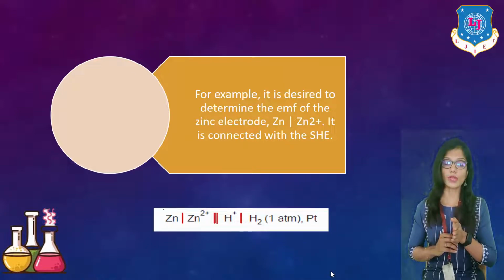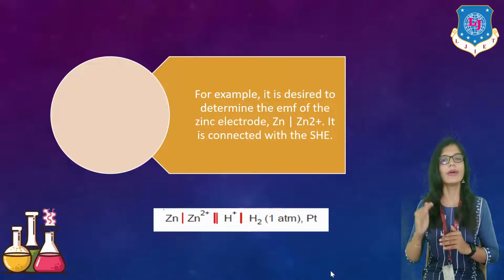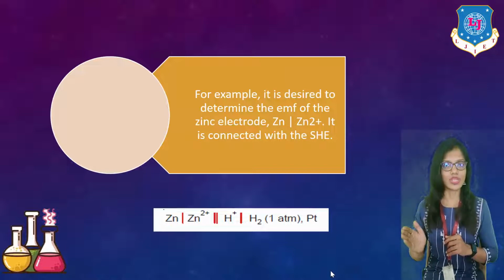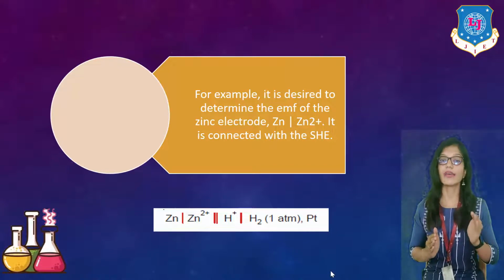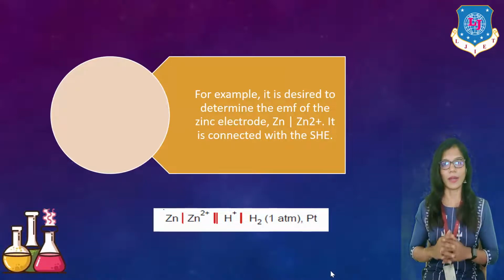H+ in contact with H2 gas at 1 atm pressure, and a platinum electrode. So the Zn and Zn2+ compartment is in contact with our SHE. The right side has the SHE, and the left side has the half cell whose potential has to be determined.